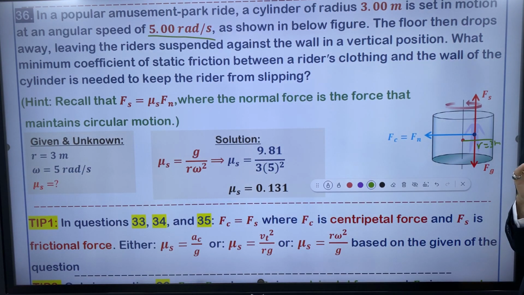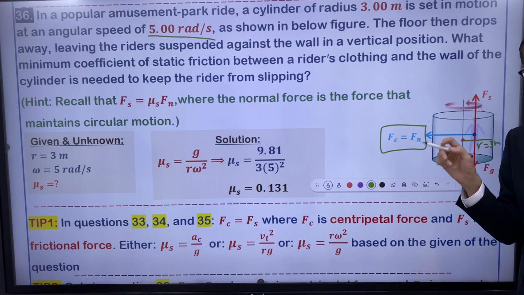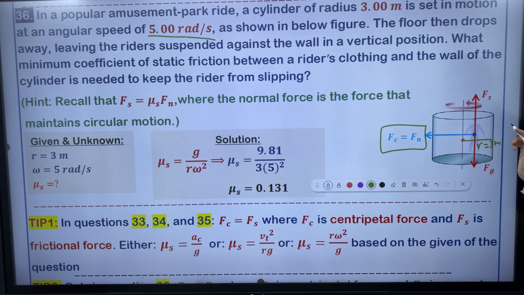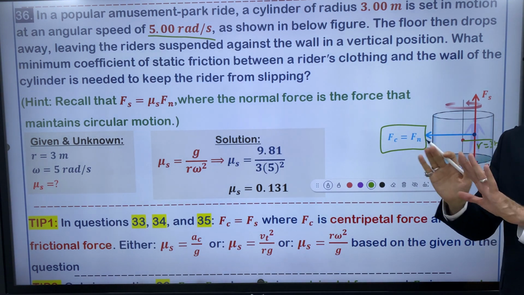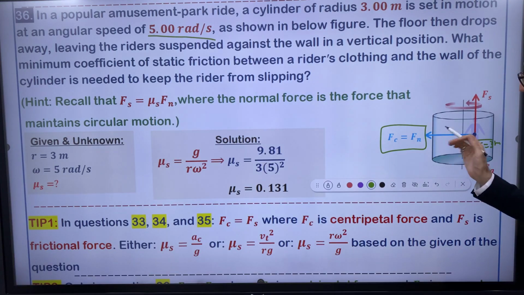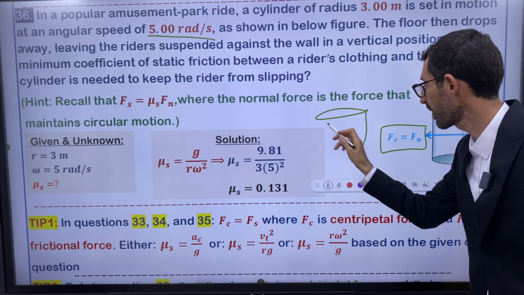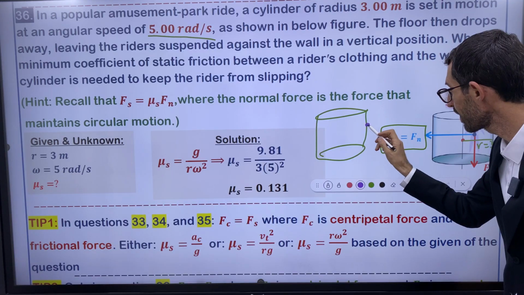Friction does not matter here, right? So which force is in charge of keeping the person in a circular track? Normal force. Reaction of the cylinder against the body of a person. This is called normal force. So, for example, this is a cylinder, and there's a person here, right?